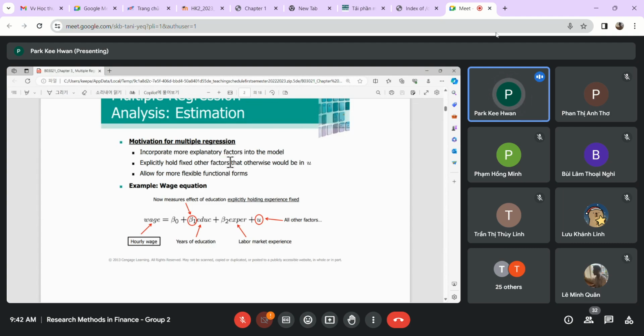So that's the good thing about multiple regression. This second thing I will talk about more later on.